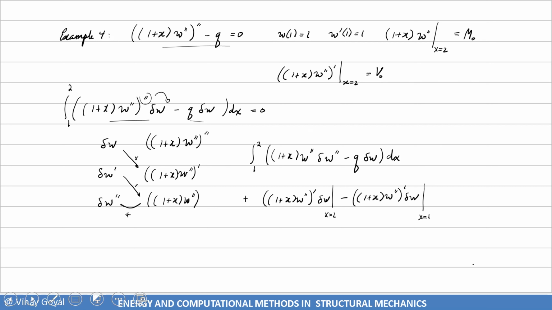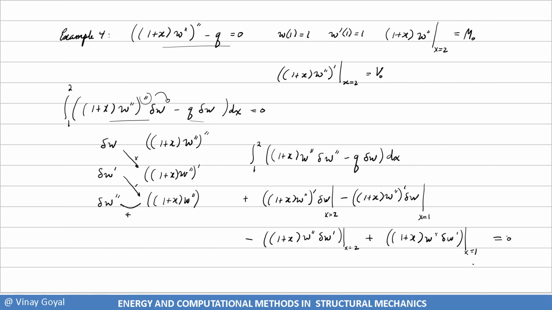This is at 1. And this is at 2. I apologize. The boundary goes from 1 to 2. And this is equal to 0.